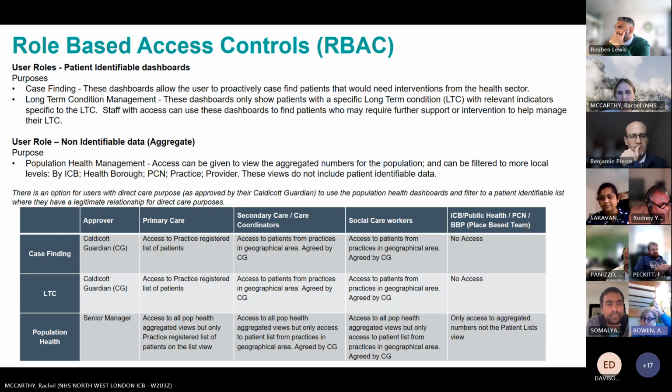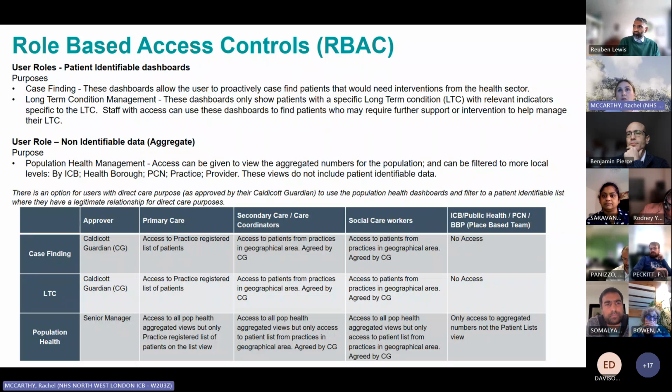It would be really great if we could add a column into the table that started to articulate how things will work at that level, because looking forward, those are some of the structures where case finding activity and long-term conditions management activity is very likely to take place. So can you say anything about that?